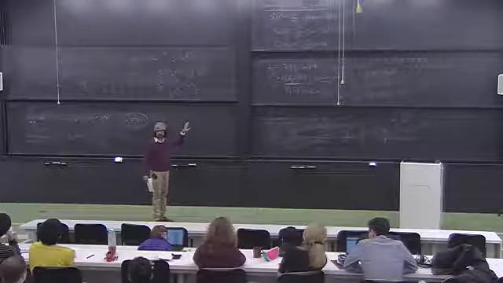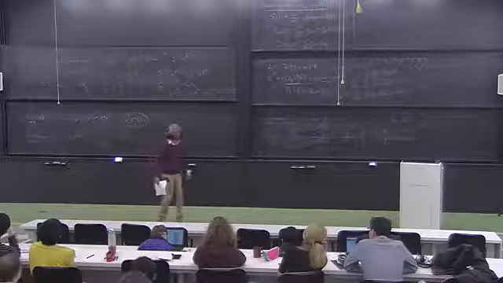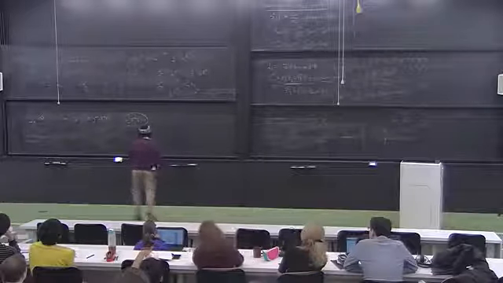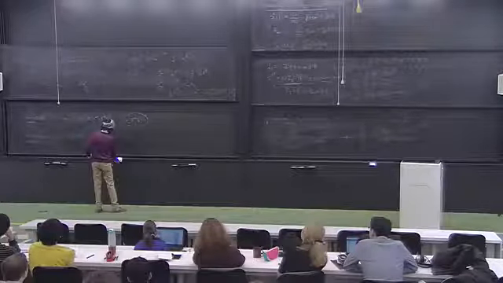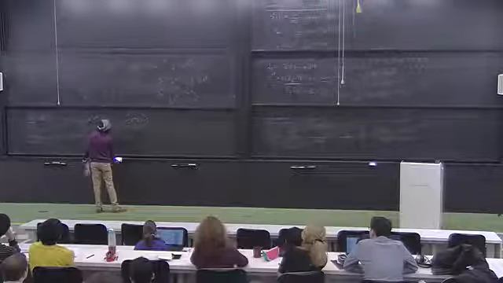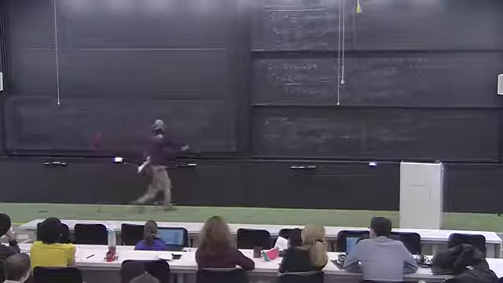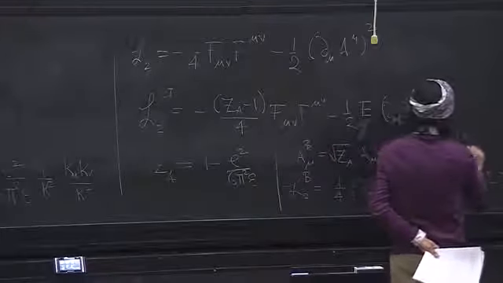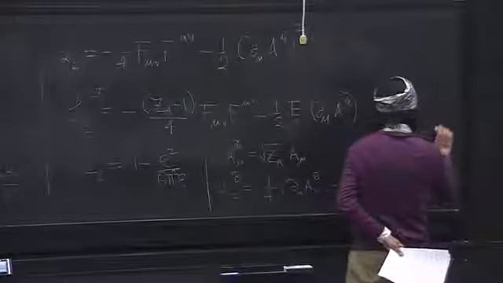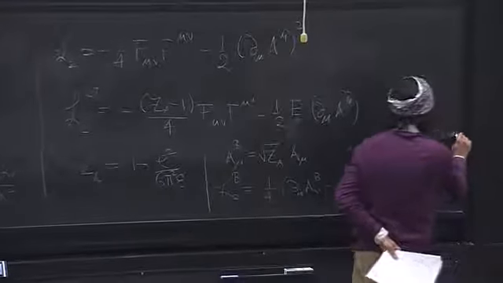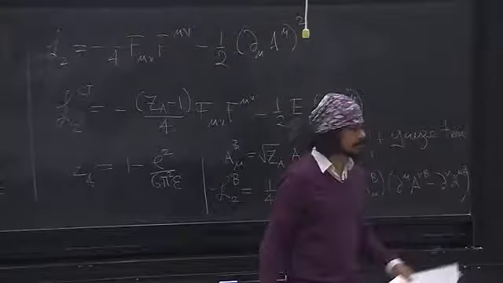Where did it go in the bare Lagrangian? Oh, I see. Sorry, yeah, no, there should be. I'm sorry. Very good, thanks. So plus a gauge fixing term. Yes, there should be. I forgot that.